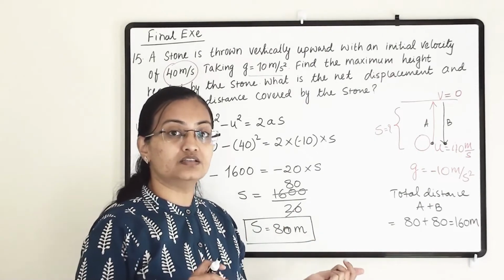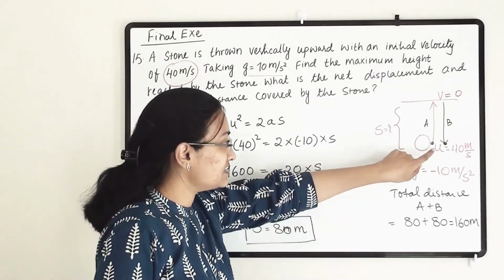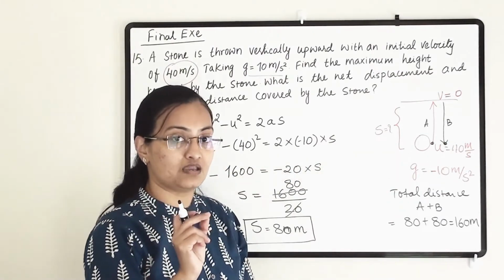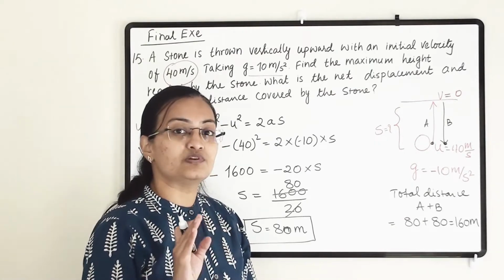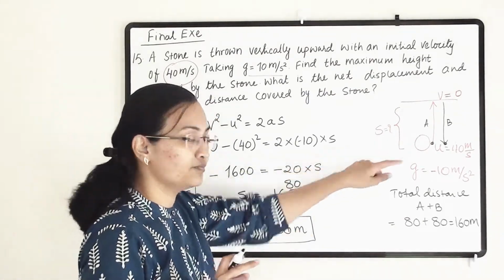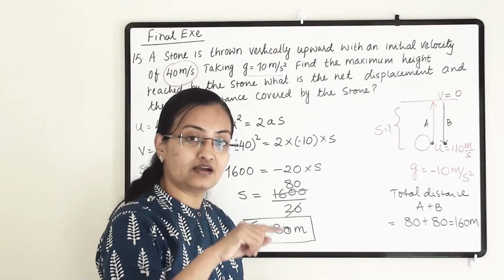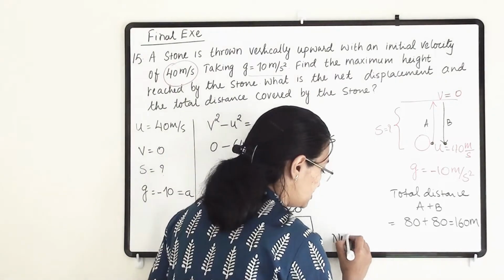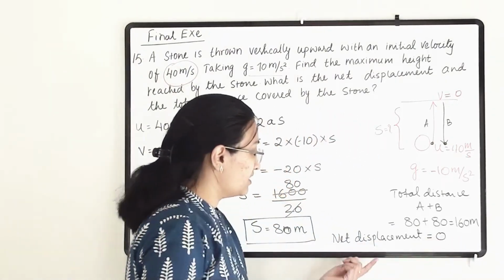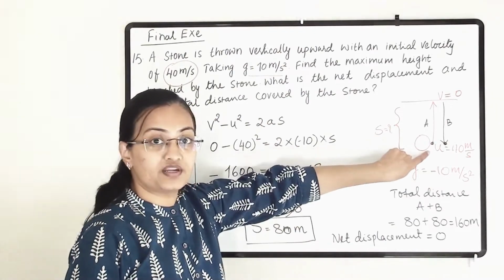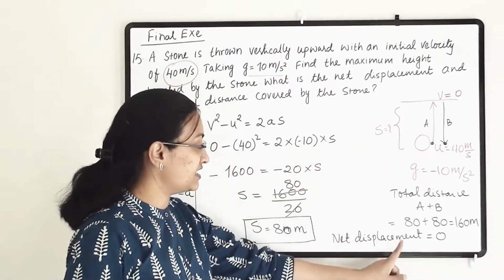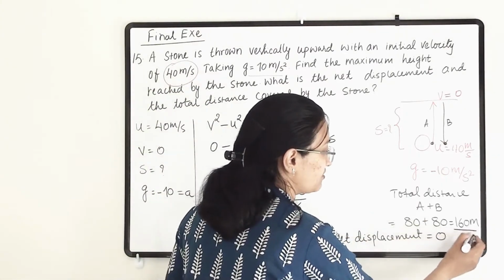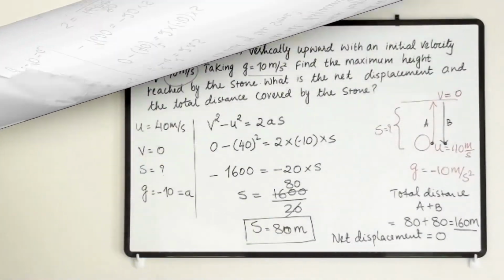We have already learned this in chapter 8, that when the object's starting point and ending point are the same, the total displacement is going to be 0. So here also, from where we are throwing the stone, it comes back to the same original place. So net displacement is 0 because its starting point and final point are the same, whereas the total distance covered by the object is 160 meter.